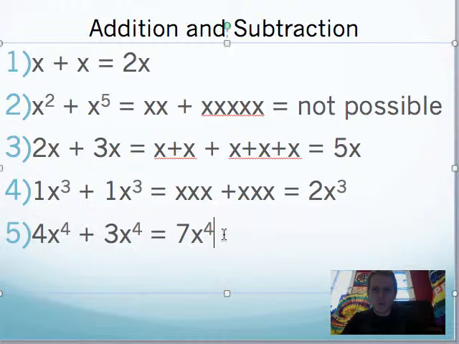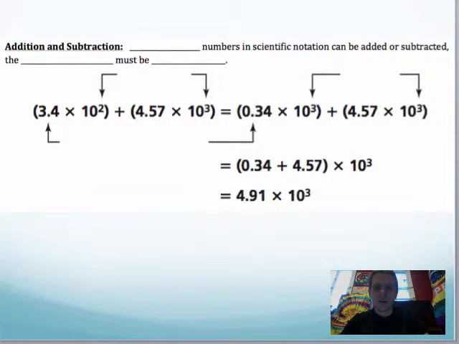So the two important takeaways from this slide is that it is important to have the same exponent of your power. Otherwise, it's not a like term, you can't combine it. The other takeaway is once you do have like terms, all you need to do is add those coefficients. So that brings us into our little notes for today, dealing with addition and subtraction.